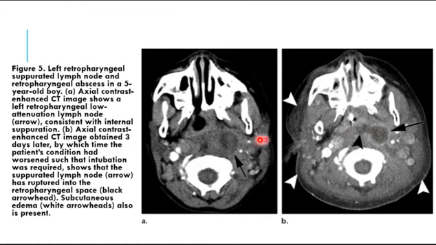Whenever we have a suppurative lymph node, it's important to manage the case urgently, because it may rupture, and the contents may extend to the retropharyngeal space and cause extensive findings and worsening of the clinical condition of the patient.